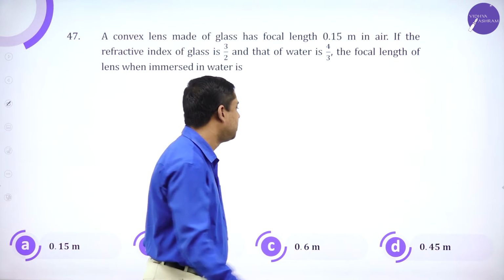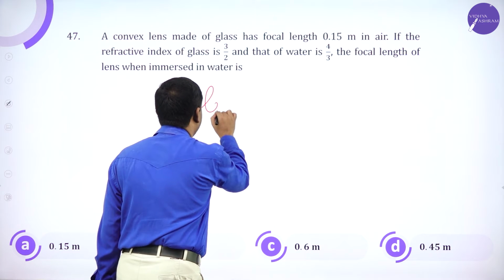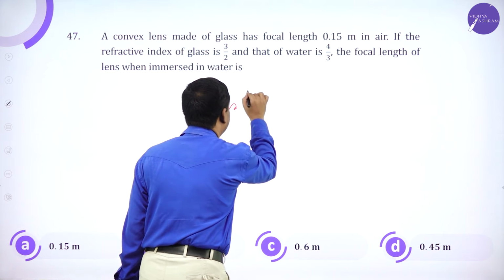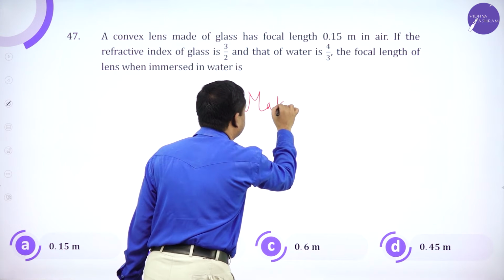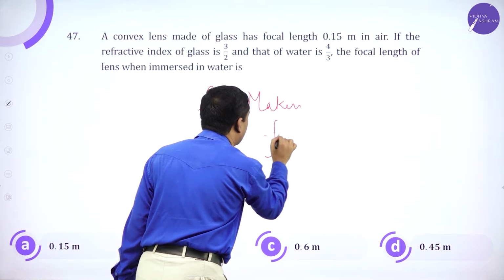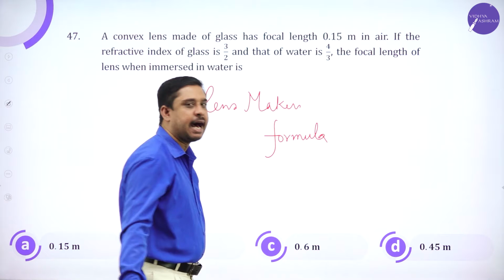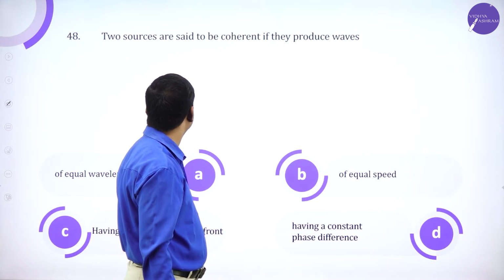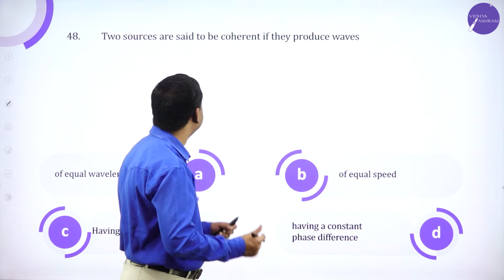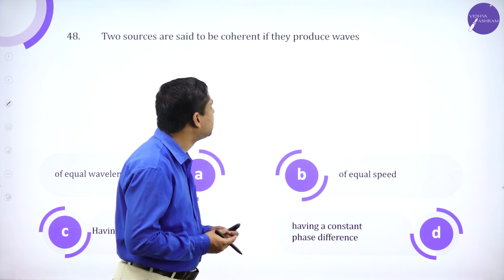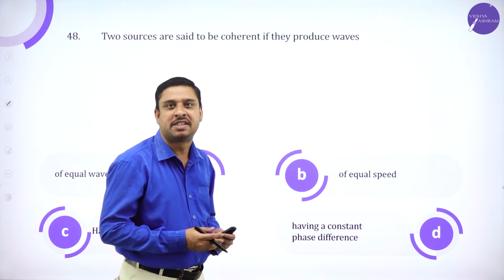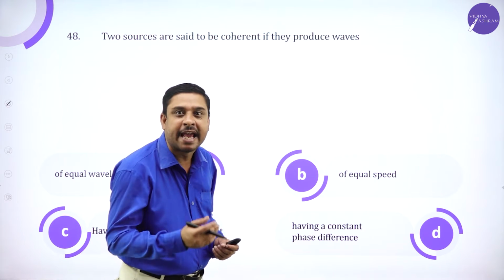Again, an assignment which is very famous with the lens maker's formula. Please use your lens maker's formula. We will arrive at the answer. Two sources are said to be coherent if they produce waves. What are coherent waves?